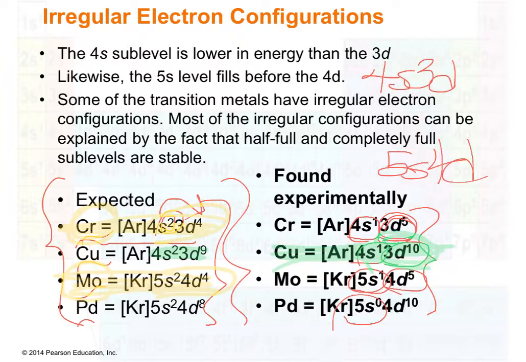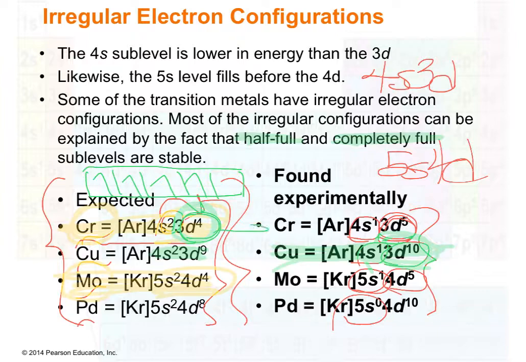Now the reason behind this is because half full sublevels and completely full sublevels are very stable. So notice on the expected side that 3d4 is not half full or completely full. The d sublevel has 5 orbitals, and if you have 4 electrons in it, 1, 2, 3, 4, it's not half full, it's nothing special.